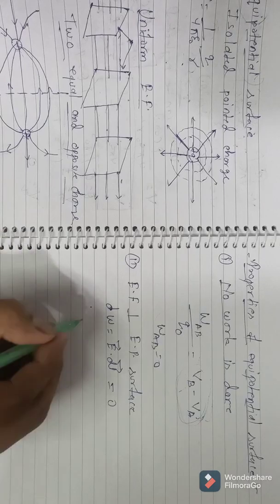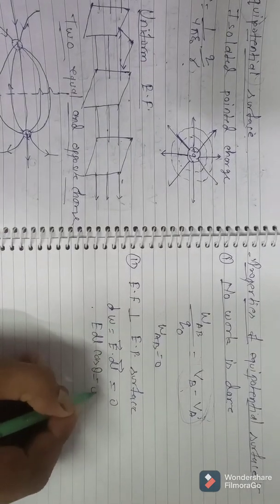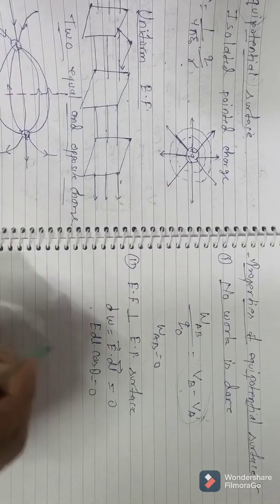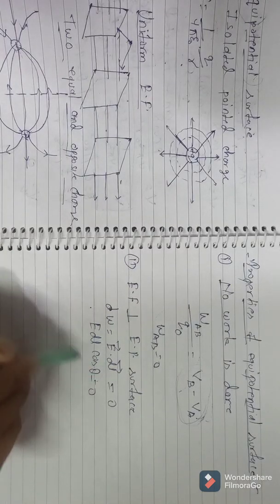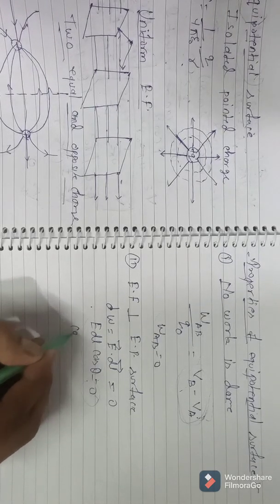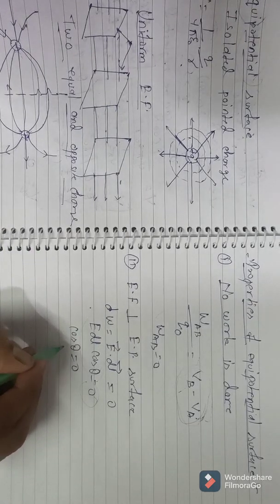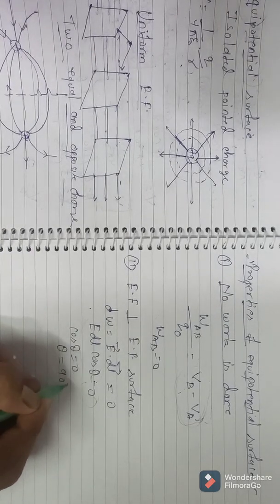So this will be equal to 0. So we can write E dl cos theta equals 0. This is possible only if the value of cos theta is 0, and that is possible only if theta equals 90 degrees.